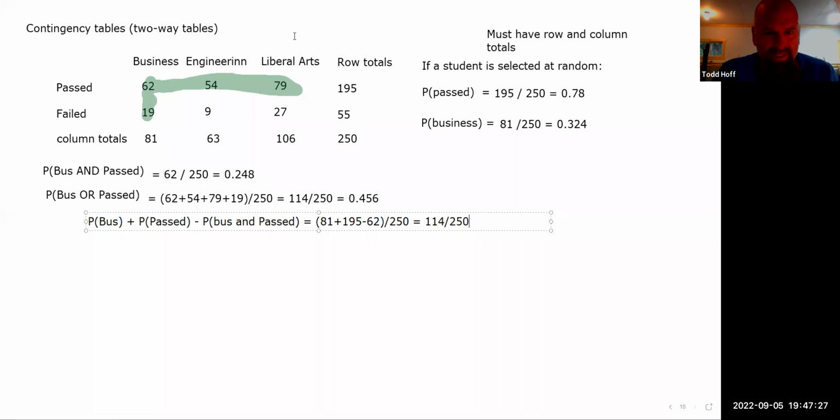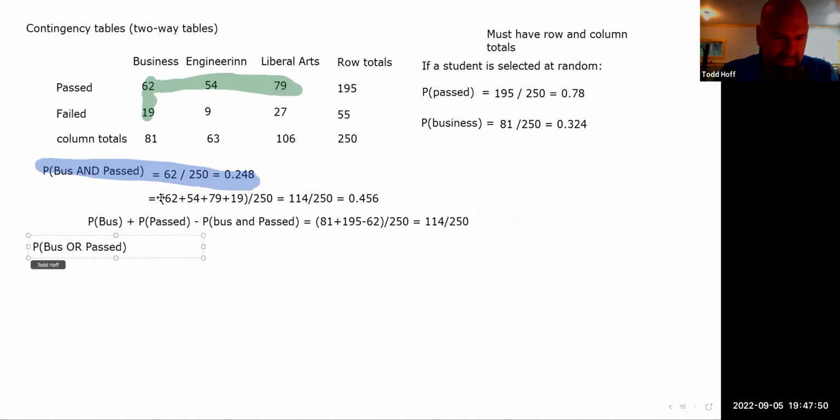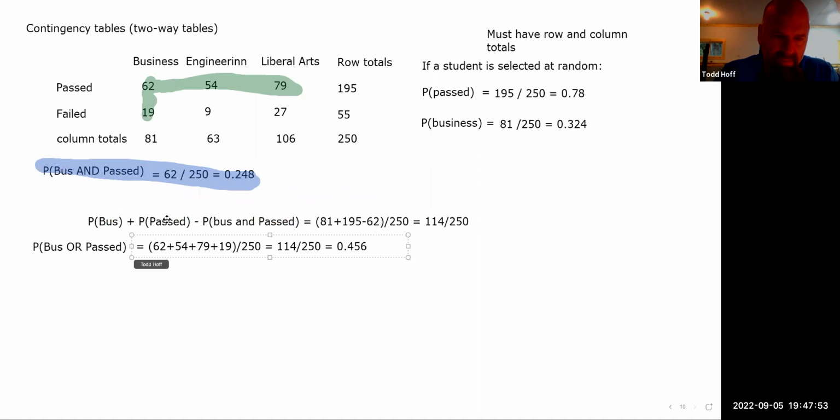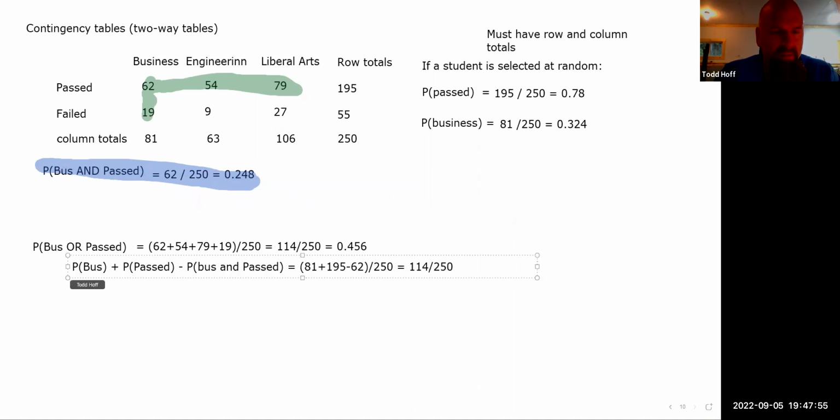Now you might ask, well, why didn't I use the multiplication rule up here? Well, remember, the multiplication rule only works if they are independent. So for us to use the multiplication rule up here, since these may or may not be independent, we would have to do the probability of business and passed.